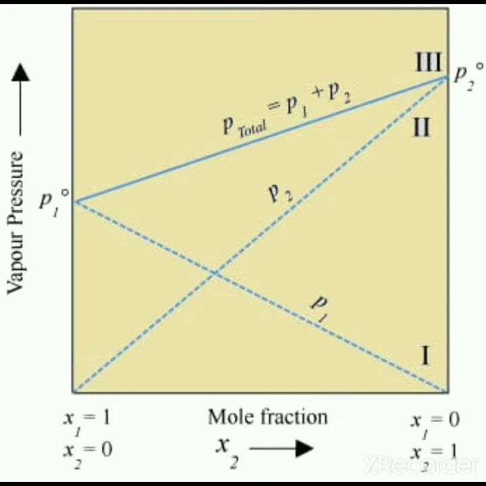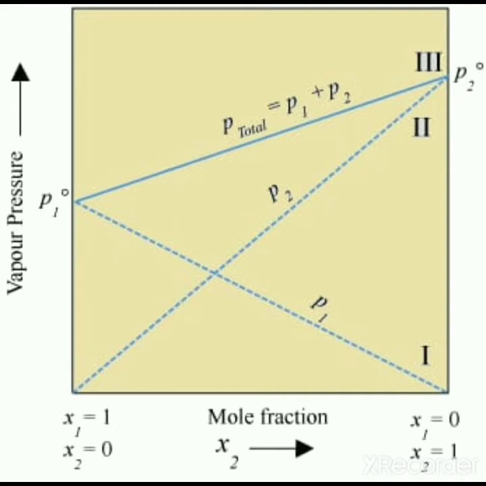Usually, 1 denotes the solvent and 2 denotes the solute, or A denotes the solvent and B denotes the solute. When the component 2 is added more and more, the vapor pressure of the component 1 will vary along P1. Similarly, when the component 2 alone is present, χ2 will be equal to 1 and χ1 will be equal to 0.